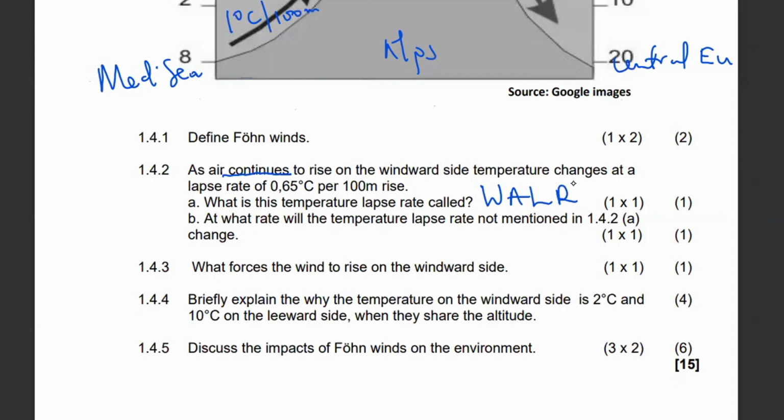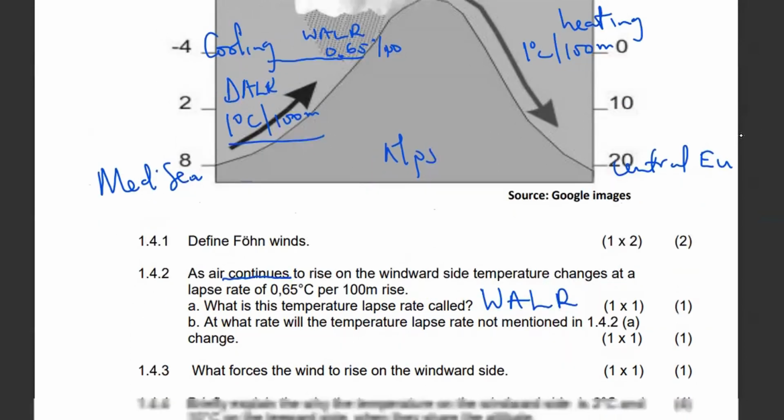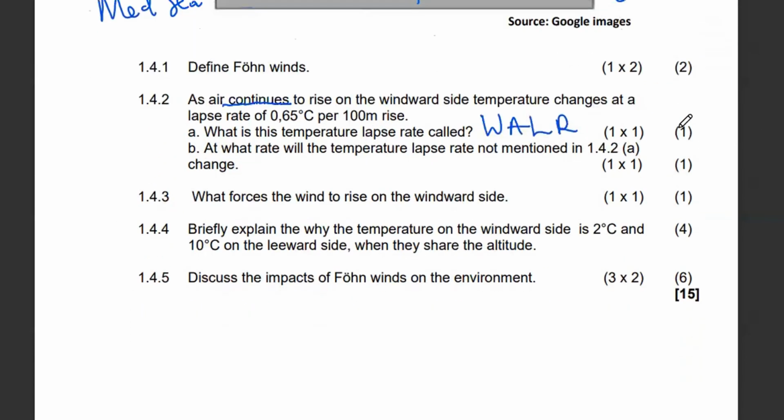At what rate will the temperature lapse rate change? We have mentioned this one of 0.65. So what is required is the one not mentioned here, the dry adiabatic lapse rate. That is 1 degree Celsius for every 100 meters. What forces the wind to rise on the windward side?